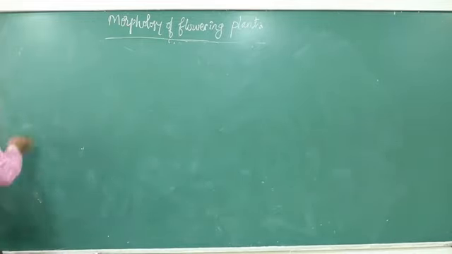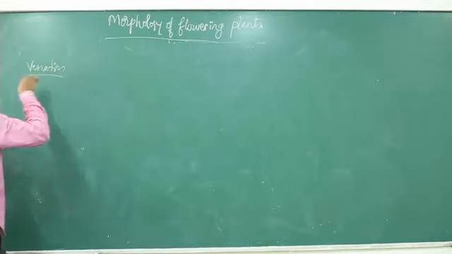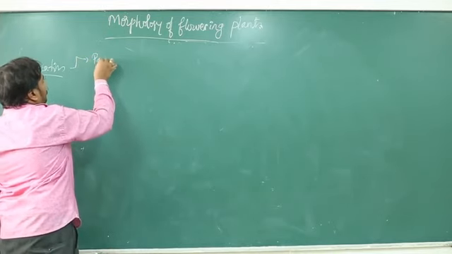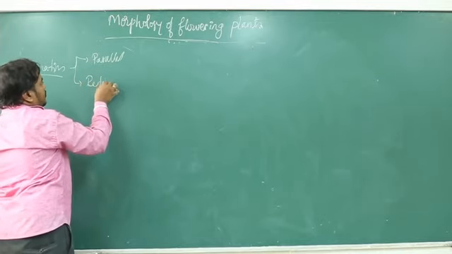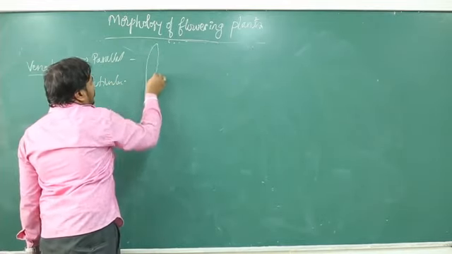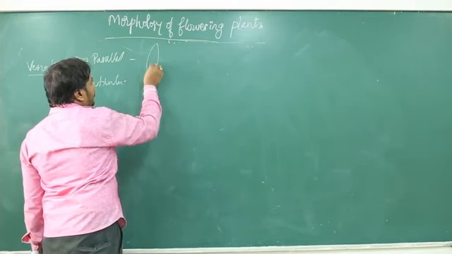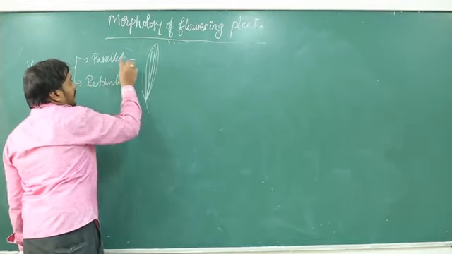So the venation is also there. So arrangement of vein and veinlet. Okay, so based on that we have two types. One is parallel, another one is reticulate. So parallel, on leaves, either the venation starts from the base of a leaf and reaches the tip parallelly. This is also a kind of parallel venation.